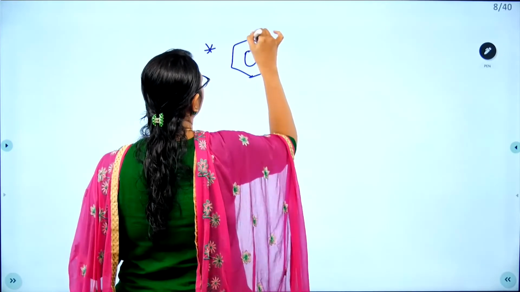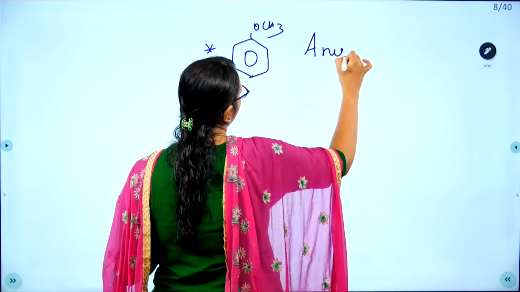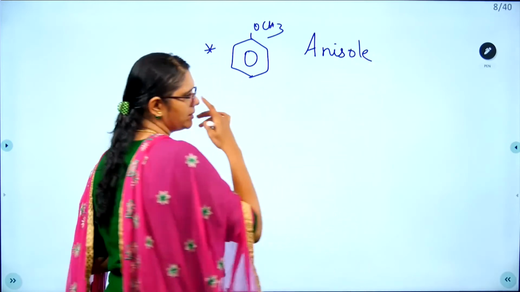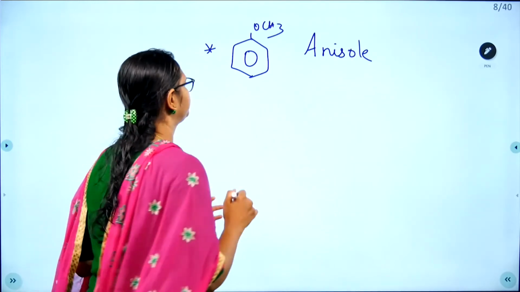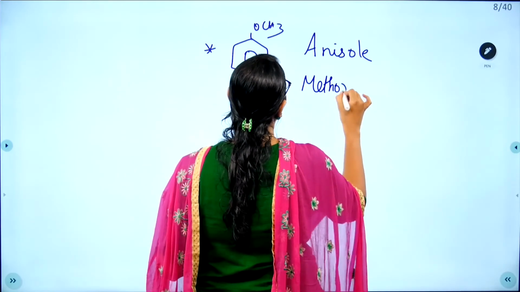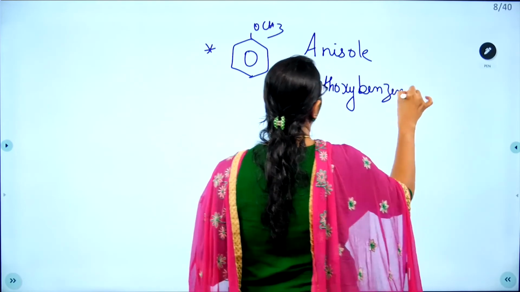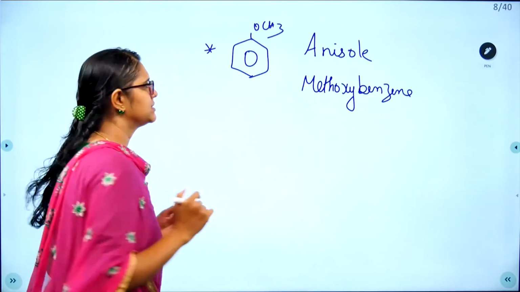A benzene ring with OCH3 is anisole, a common name accepted as IUPAC, but the proper IUPAC name is methoxybenzene.